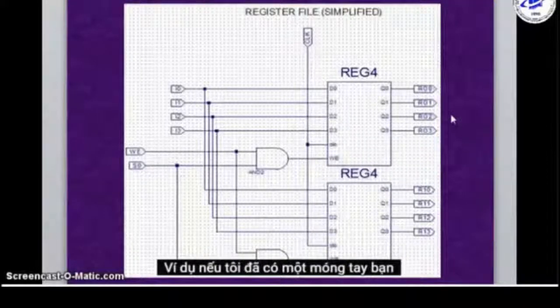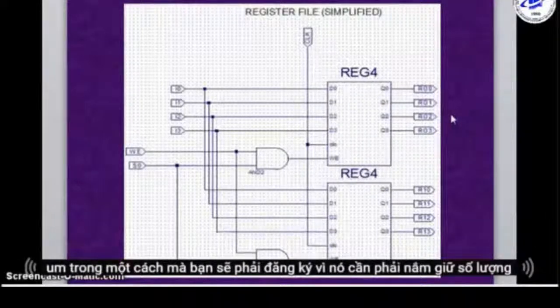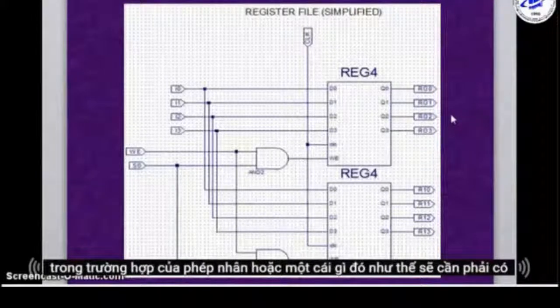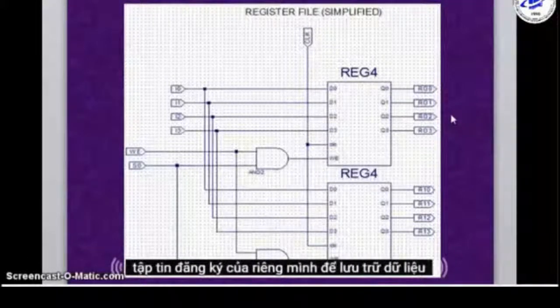For instance, if I were to have an ALU, it will have a register because it needs to hold a number. In the case of multiplication or something like that, it will need to have its own register file to store data.